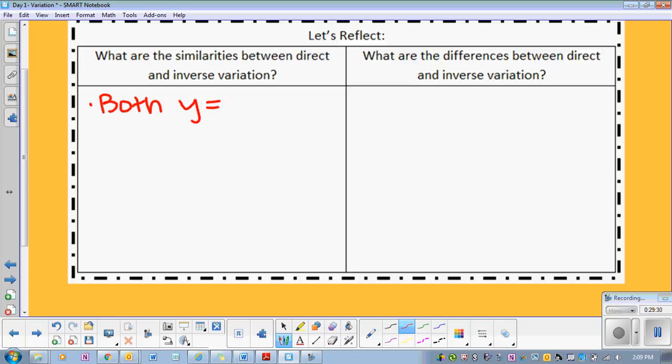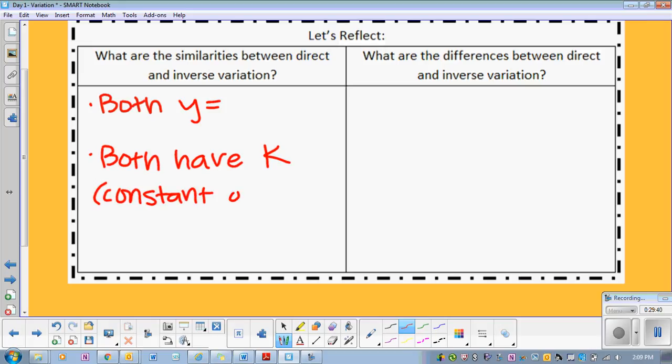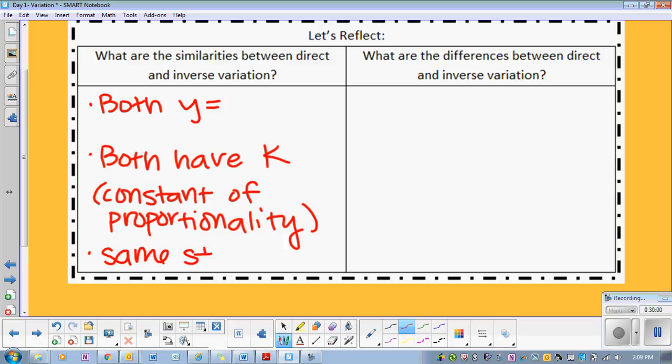Good. They both have a k, which is your constant of proportionality. Good. Same steps. You're solving.